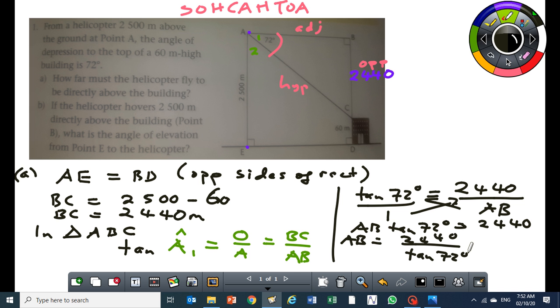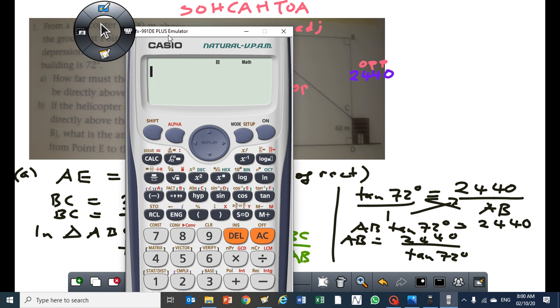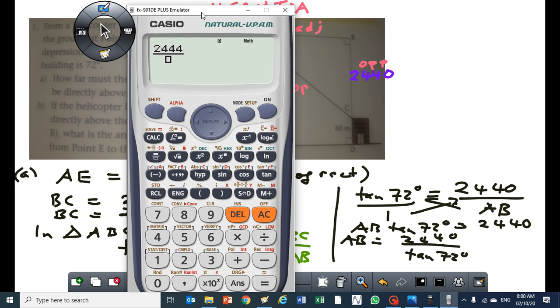Then you take out your calculator. So it's going to be 2,440 divided by tan 72.